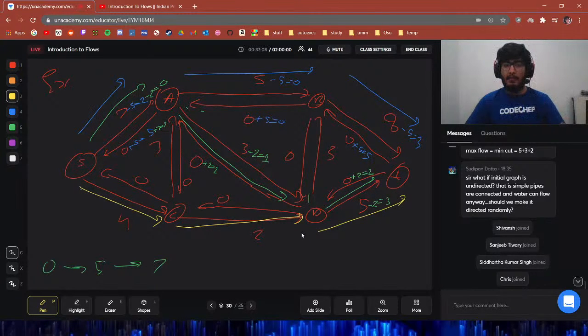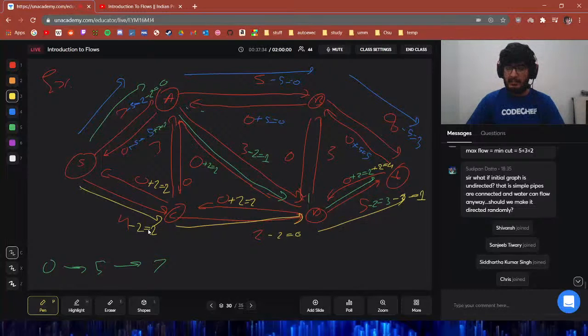So we would have added 2 more here, so minus 2, because the minimum weight here is 2. So minus 2 plus 2, minus 2 plus 2, minus 2 plus 2, which is going to result in 1, this is going to result in 4, this is 2, this is 0, this is 2, and this is 2, right? The graph would look something like this, right?